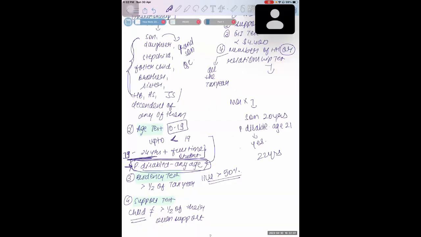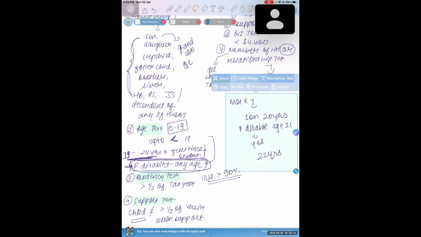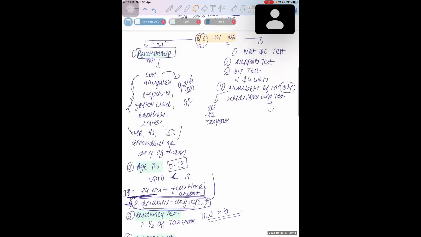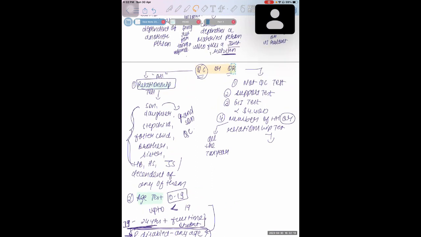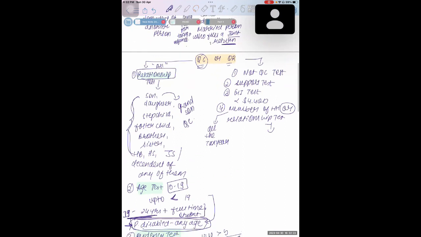Then in that case you are not going to claim that person as a qualifying child. But if a person is not a qualifying child, then what other thing can we claim? We can claim him as a qualifying relative. We will come to that.